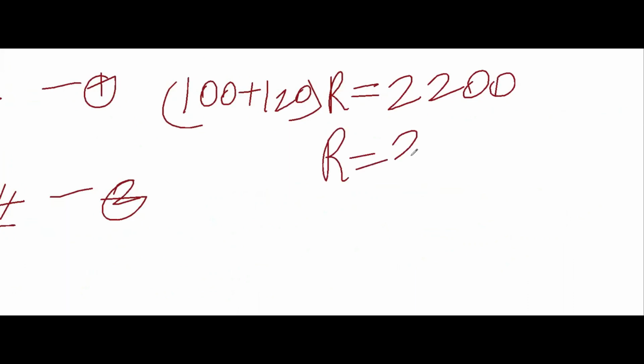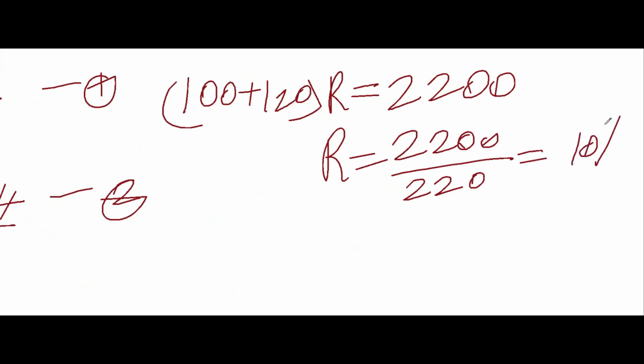So r will be 2200 divided by 220, because 100 plus 120 is 220. When you solve this, you will get 10%. So rate is 10%. Got it?